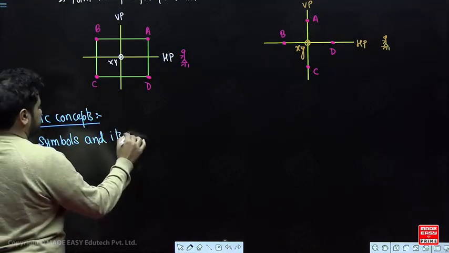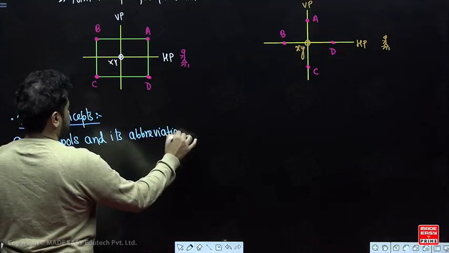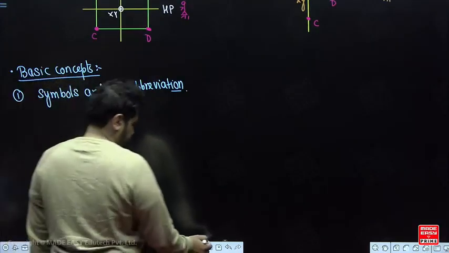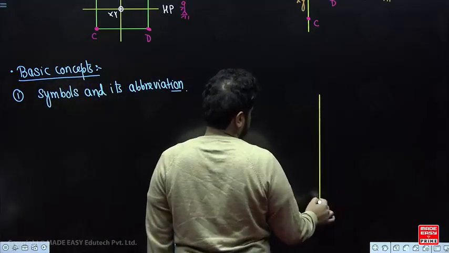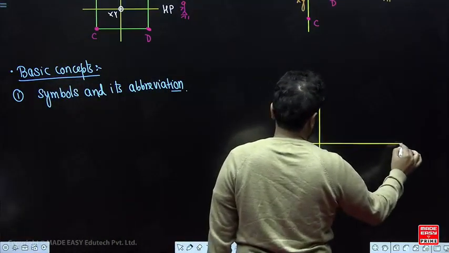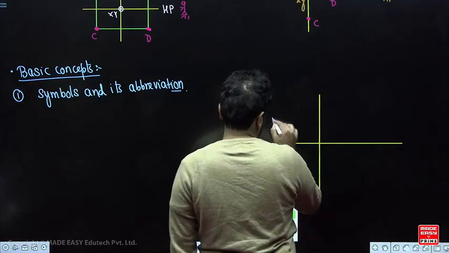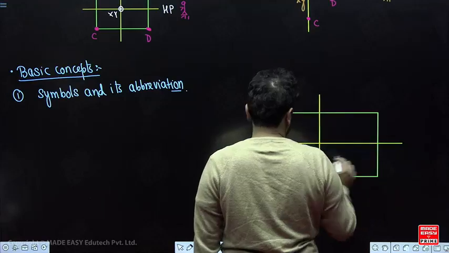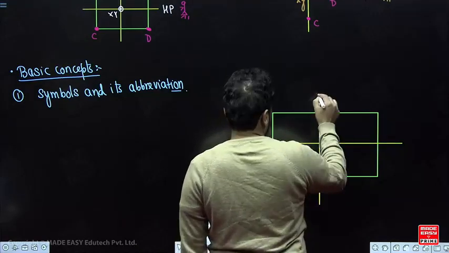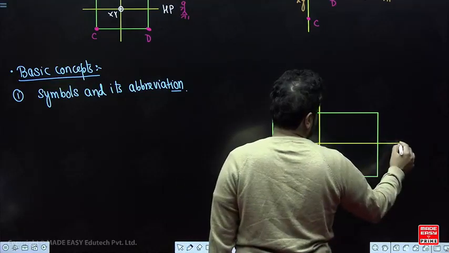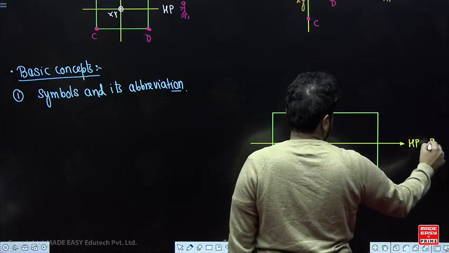See, let us take an example. This is the vertical plane, this is the horizontal plane, here is the observer.